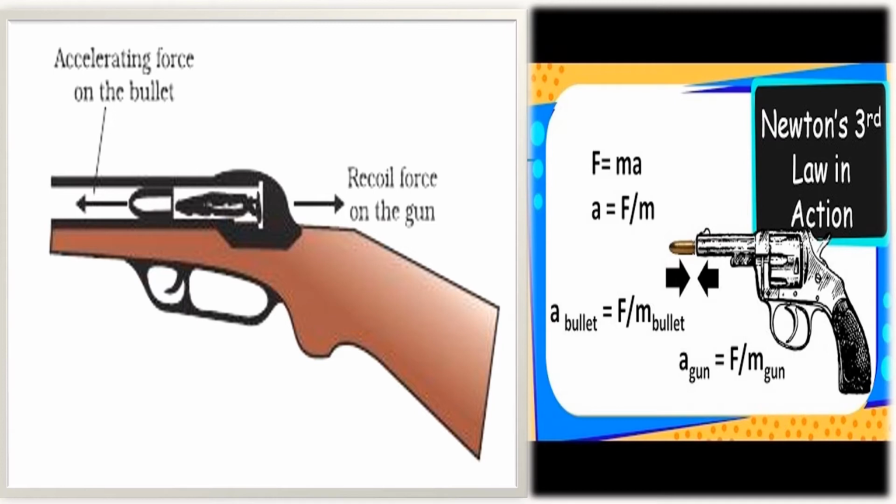Because of the small mass, the bullet has high acceleration, and because of that, it travels a long distance very fast, while the mass of the gun is more. So because of that, in the recoil there is not a high acceleration. So we can say that a of bullet is equal to F upon m of bullet. So all these laws are interconnected or linked with each other. So this is all about the third law of motion.